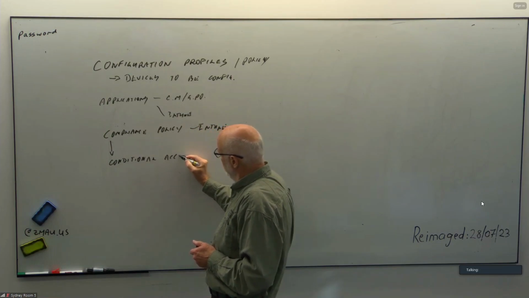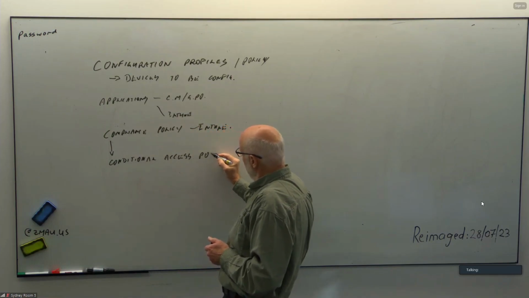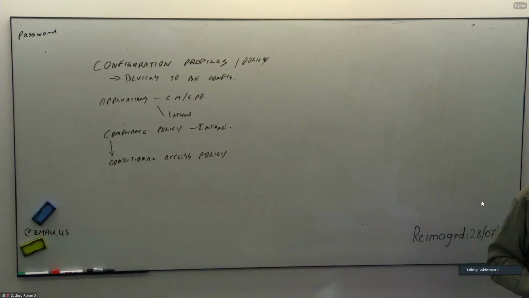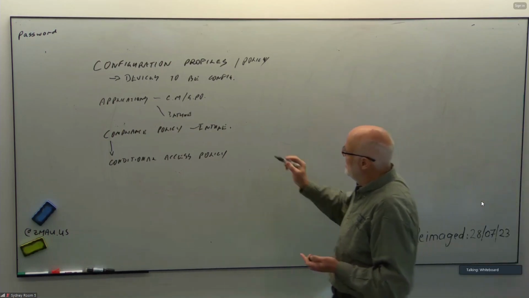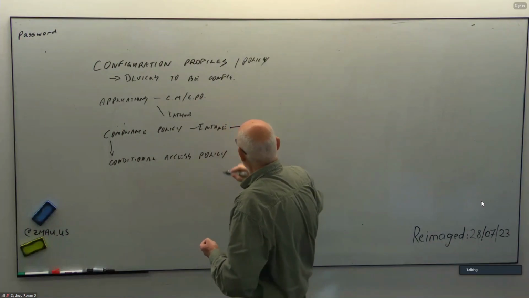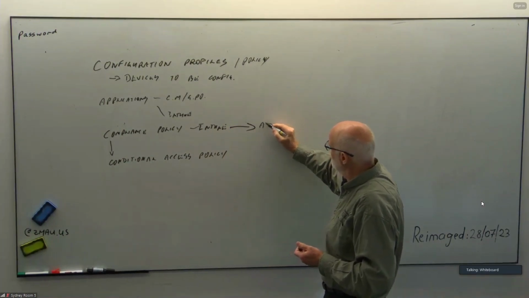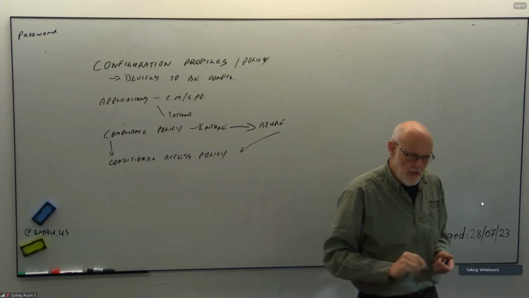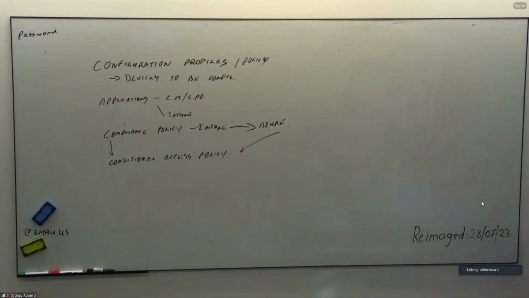conditional access policy. Now, we saw we could define conditional access policies in Intune, but we could also define conditional access policies in our Azure tenancy. So Intune will pass the compliance state to Azure, so Azure can also make use of its conditional access policies based on compliance.